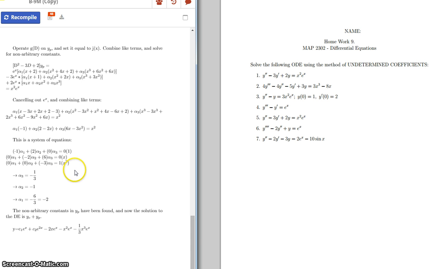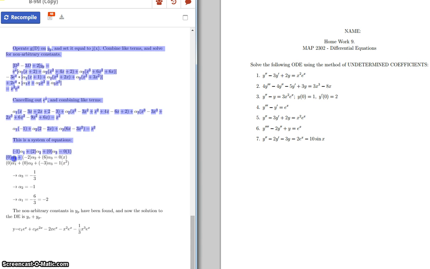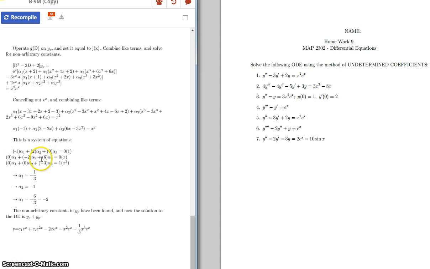Probably should have made that more clear, but anyway, and this is the one that corresponds to coefficients which have x components, and this is just constant components. So we have negative 1 alpha 1 plus 2 alpha 2 plus, there's no constant component in this alpha 3, equals 0 because there's no constant component in this right hand side, so on and so forth.